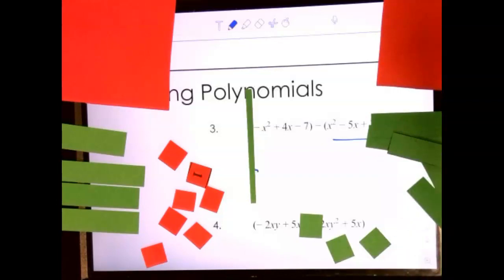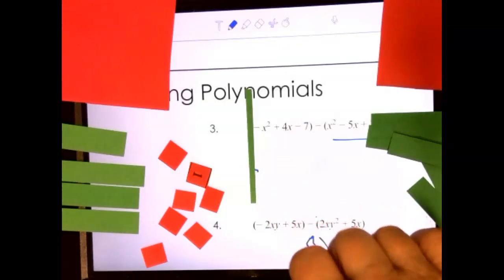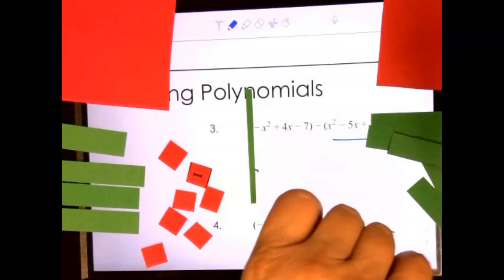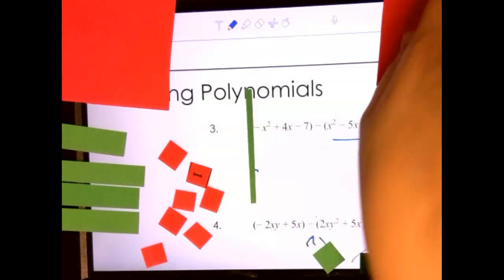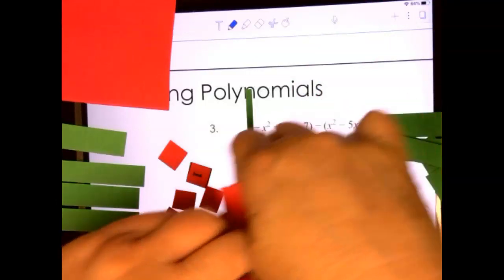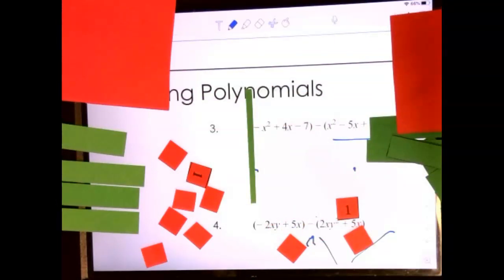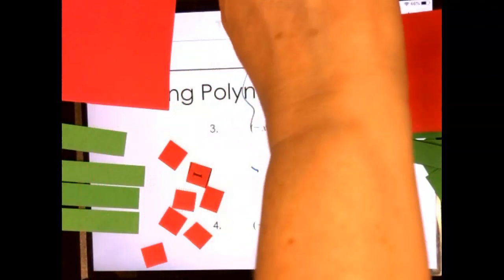And then I have to take these 3 here and turn them red. Okay, and that's not the same as 0 pairs because I'm just swapping them out. Okay, now my barrier just busted. I can get rid of it now.